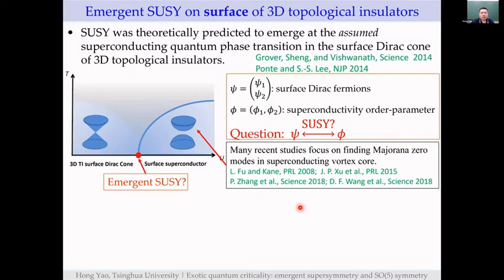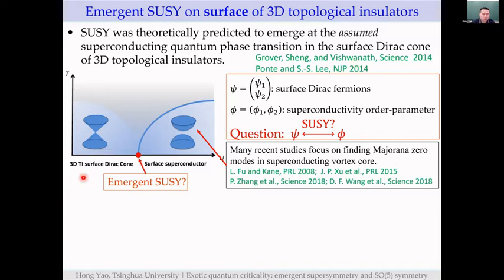There is a very interesting theoretical proposal of realizing SUSY by Tarun Grover, Dam Thanh Son, and Ashvin Vishwanath in 2014. They proposed to realize SUSY at the superconducting quantum critical point on the surface of a strong topological insulator.